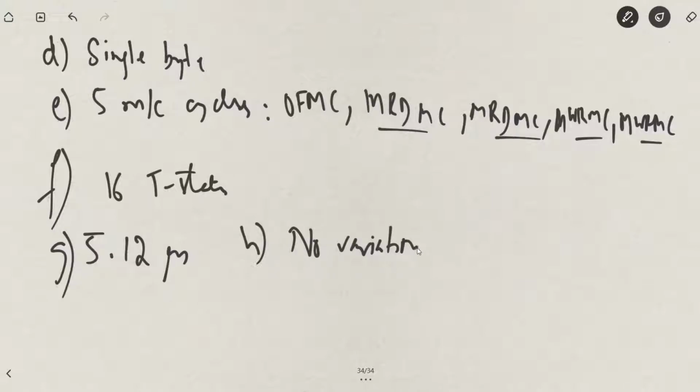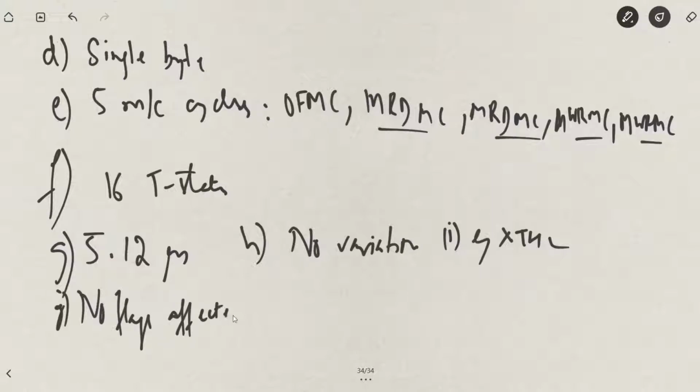The example is simply XTHL. There are no flags affected. The addressing mode for the source and the destination is both implied.